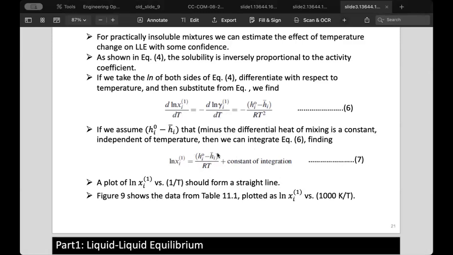All you have to do is plot log xi against 1 over T, inverse, so the slope of this one is heat of mixing over R. This is one way to measure the heat of mixing.